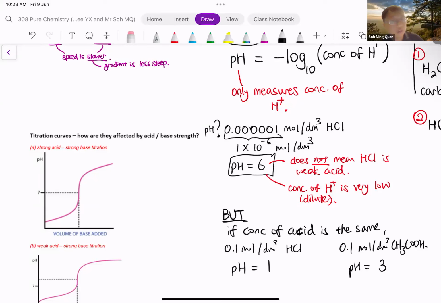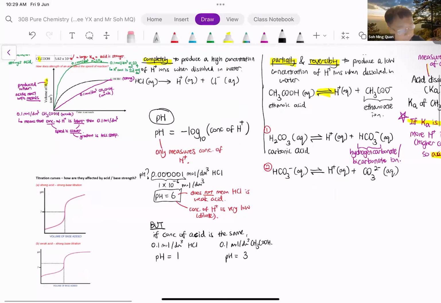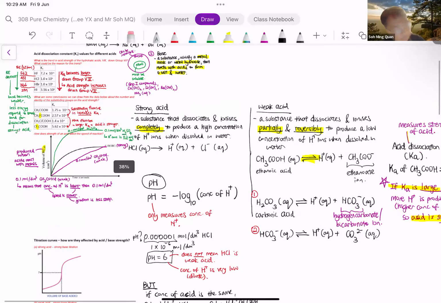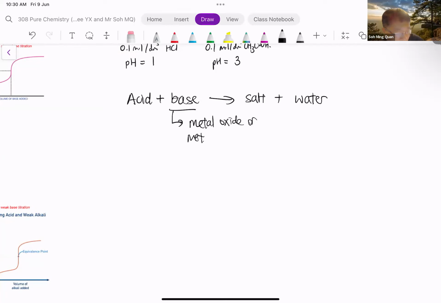Now, moving on. We have covered strength of acids and pH. The next one is on the reactions. I won't spend too long on the reactions. I'm sure you know by now, acids can react with a few things. Base is one of them, to form salt and water. Just to repeat, a base doesn't need to dissolve in water. A base is just a metal oxide or metal hydroxide.